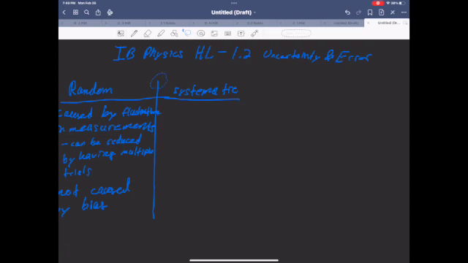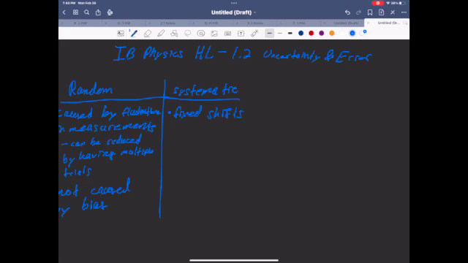Systematic error, on the other hand, is caused by fixed shifts in measurements. You're going to have a shift in your data because you've started measuring at the wrong mark.